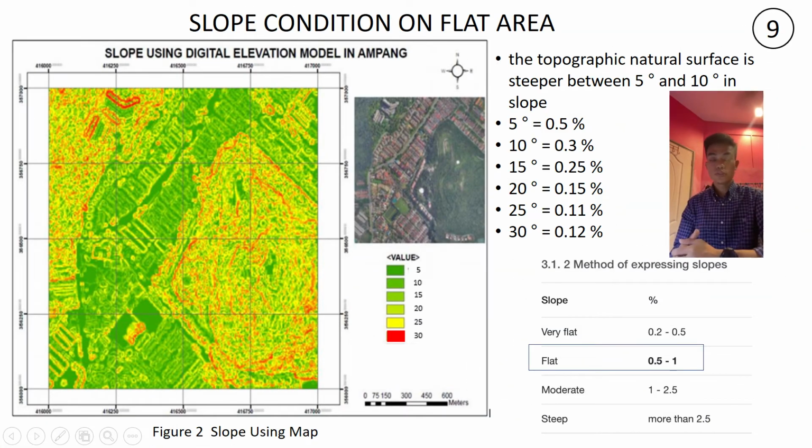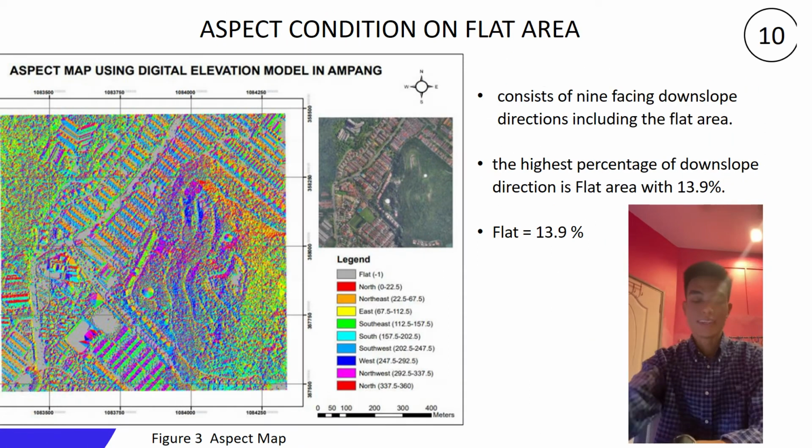Okay, this map shows the sloping region in the flat area. The natural topography surface is tapered between 5 degrees to 10 degrees in slope. By referring to the method of expressing slope, this area can be chosen as a flat area because the percent of the taper is only 0.5% to 1%. Next, the aspect condition that may be found in the flat area is shown in this map.